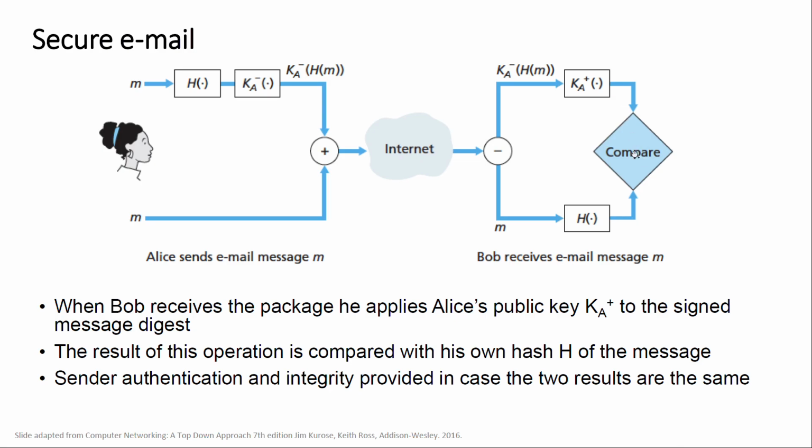So if they give the same result, this means that the message is not altered. So the integrity problem is solved. But also, since we use Alice's private key to obtain this, this also solves the problem of authentication. So sender authentication and integrity are provided in case the two results are the same.